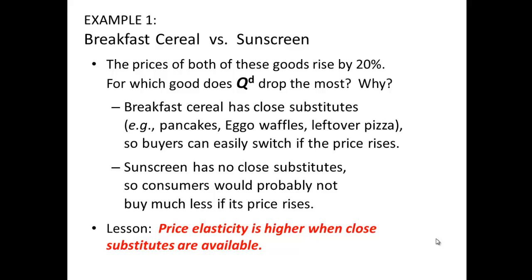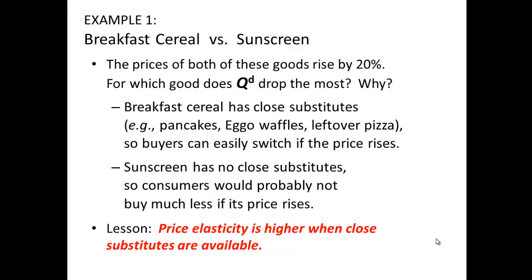Rice cereal can be substituted for oat cereal, could be substituted for corn-based cereal, could be substituted for eggs, bacon, and biscuits, could be substituted for croissant, could be substituted for something else, cold pizza the morning after.